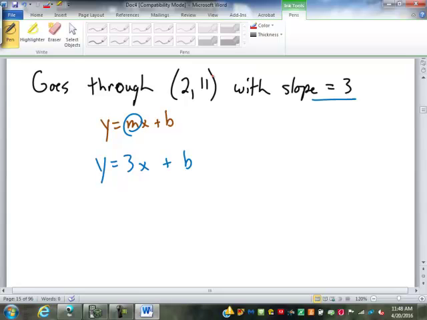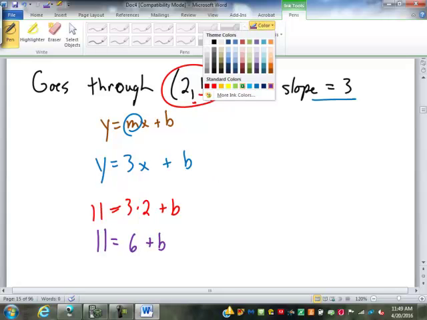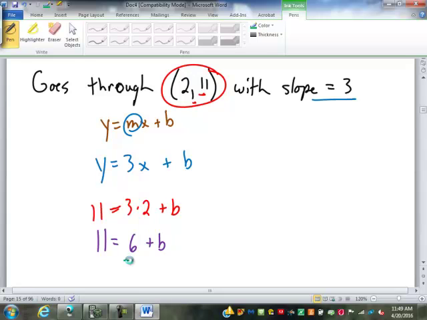And again, we can find b because we know it has to go through the point 2, 11. So 2, 11 has to make this equation true. So the 11 goes in for the y. The 2 goes in for x. So 3 times 2 plus b. Simplifying here, 3 times 2 is 6. And then to solve for b, we'll have to subtract the 6.